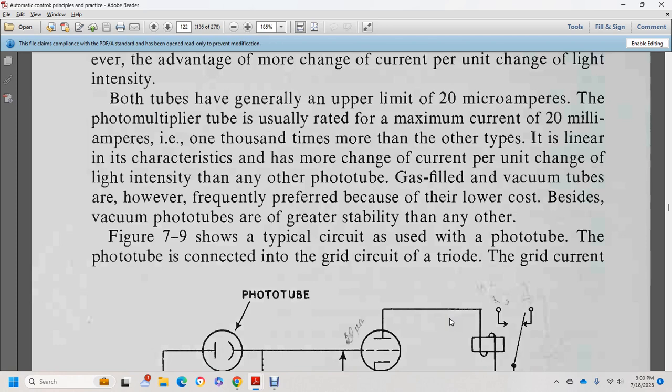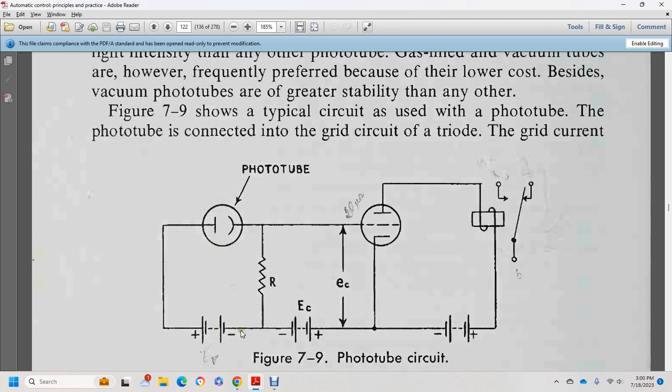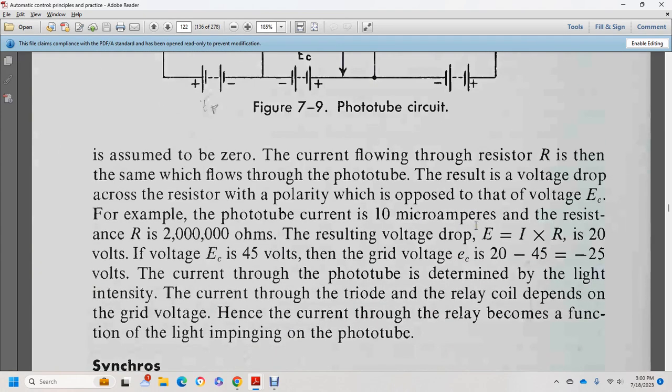Figure 7-9 shows a typical circuit with the phototube connected in the grid circuit of the triode, showing the phototube, the resistor R, battery, voltage C, the relay, battery, and winding. Assuming current flows through the resistor, the same current flows through the phototube, with the result that the voltage drop of the current in the resistor has polarity opposed to the voltage C. For example, with a phototube current of 10 microamps and a resistance R of 2 megohms, the resulting voltage drop is current times resistance, 20 volts, and the voltage C is 4.5 volts.